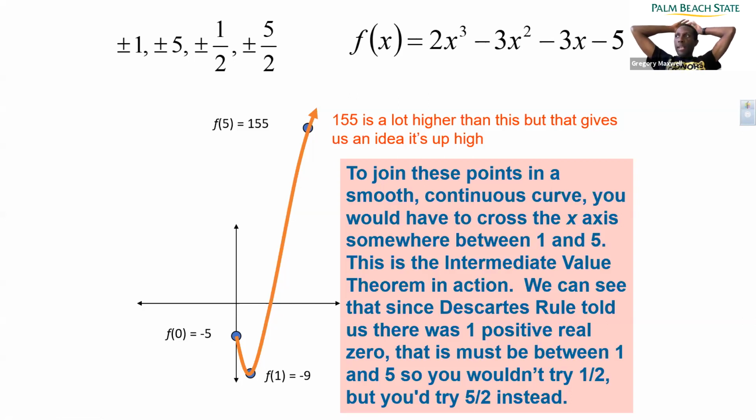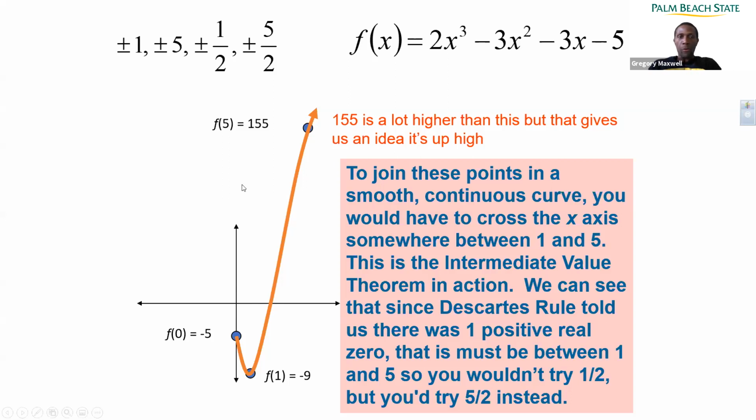The function takes every possible y value between two numbers if the function is continuous. In particular, if you plug in an x value and get a positive answer, and you plug in another x value and get a negative answer, then the graph crosses the x-axis between those two numbers.